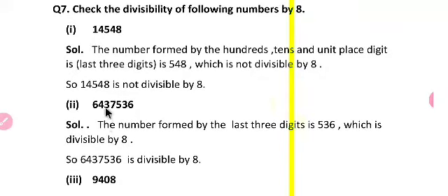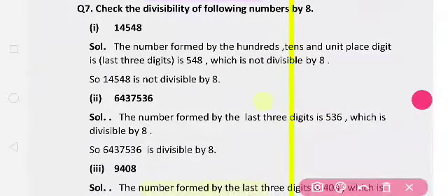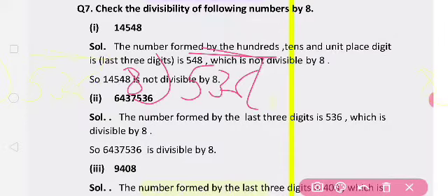Second one, 64,37,536. So again we'll see the number formed by the last 3 digits. Which are the last 3 digits here? 6, 3 and 5. Or we can say that 536. Now we'll check whether 536 is divisible by 8 or not. So 536. 8 6s are 48.